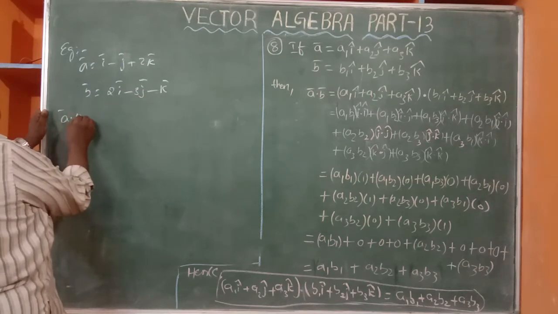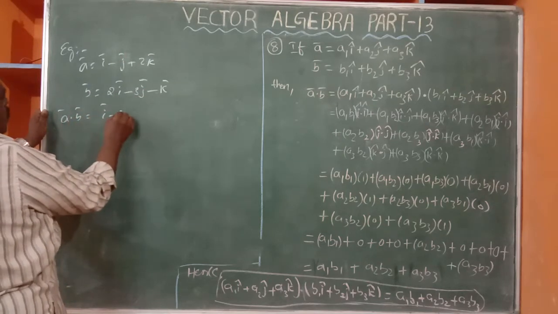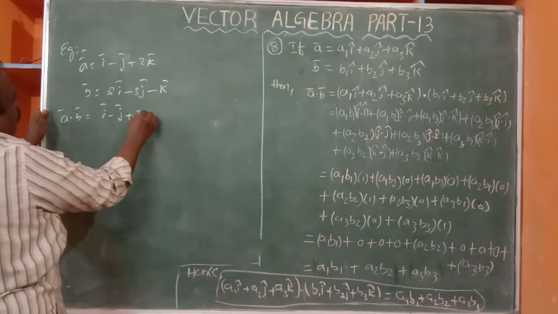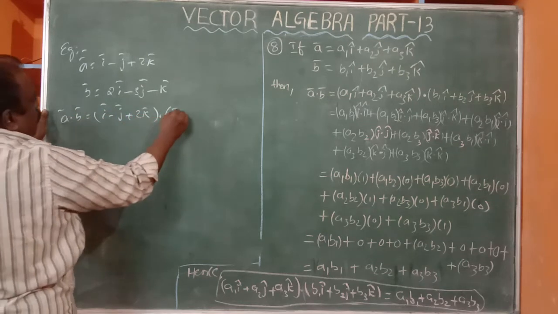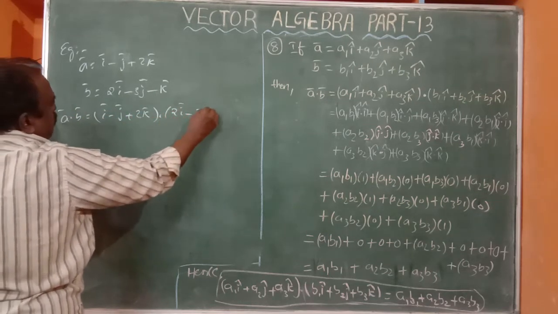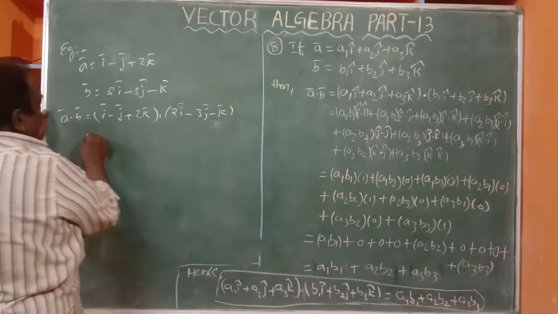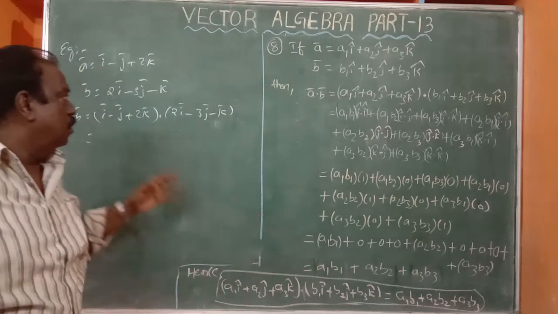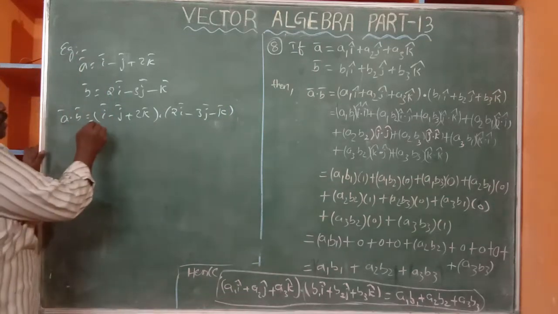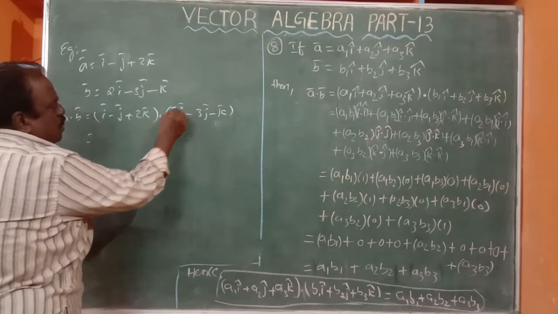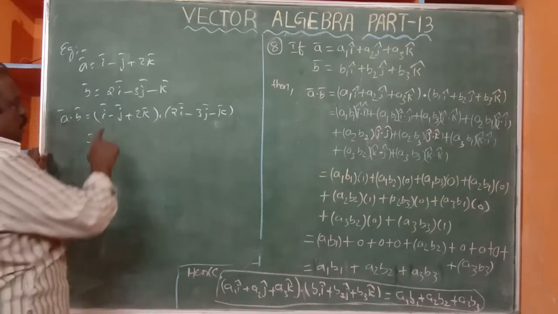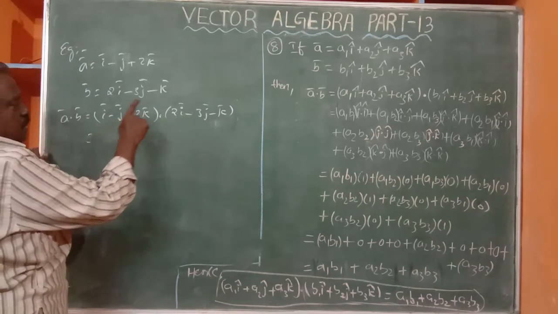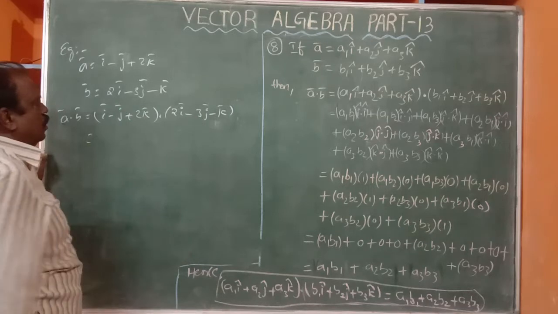Then A bar dot B bar is (i minus j plus 2k) dot (2i minus 3j minus k). Not needed to solve like this. Now very simple: i dot i only, j dot j only, k dot k only.